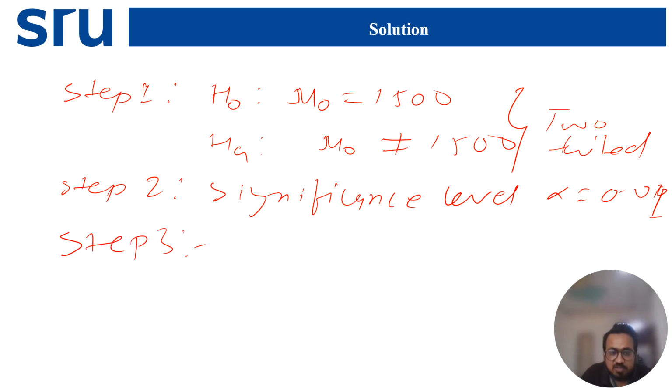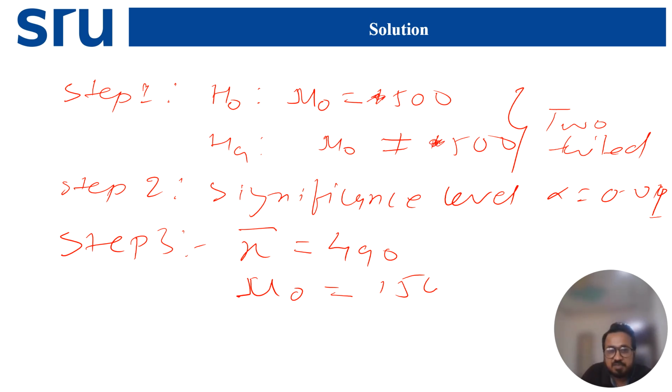Okay. So for the Z statistics, what is given here? X bar equal to 490. And what is the value of mu naught? This is equal to 15. Sorry, this is not 1500. This is 500, as given in the question.